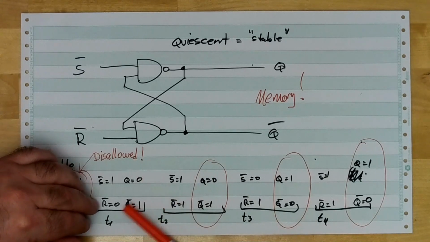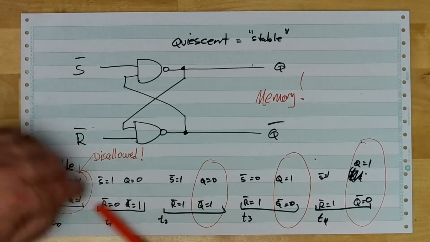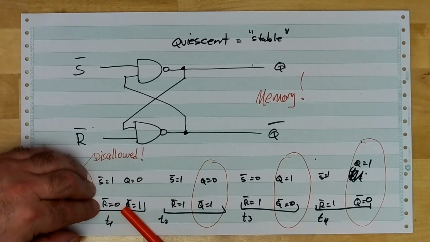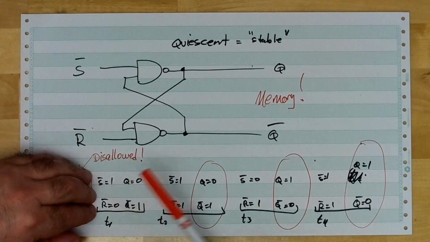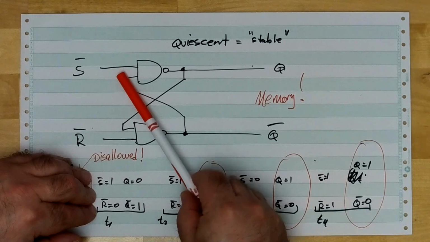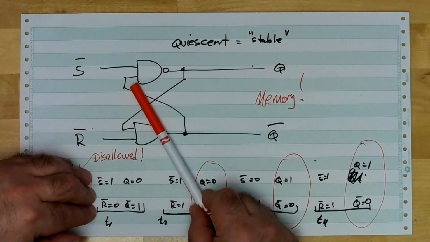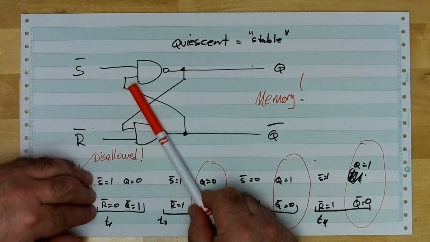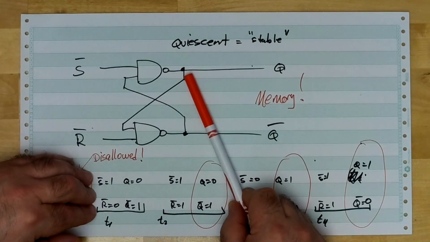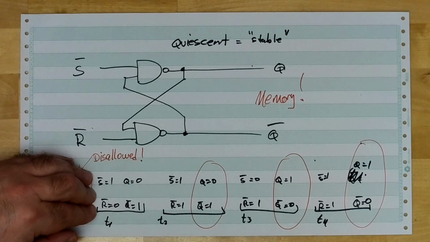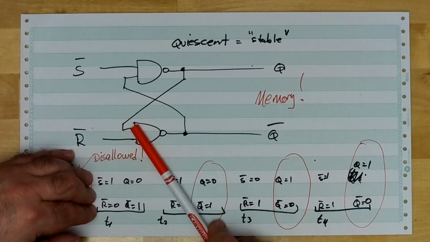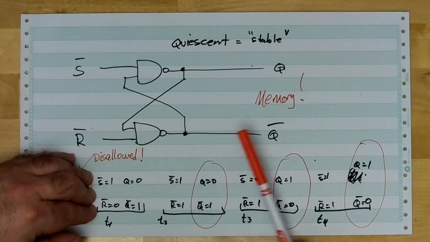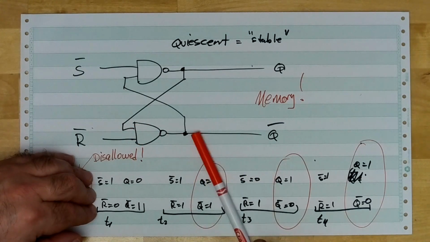But what will happen is that no matter what the state is over here, if R bar is 0 and S bar is a 1, you can actually work this out in your head at this point, right? If S bar is a 1 and it's being NANDed with an unknown, you can't tell me what this is going to be. It would be indeterminate, okay? But if R bar is a 0, it doesn't matter what this input over here is. Q bar over here must be 1.